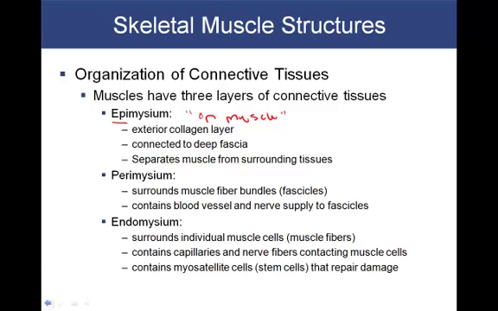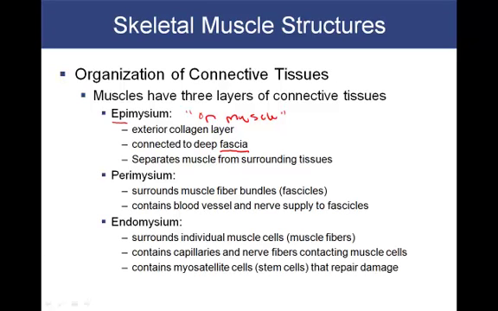It's largely composed of collagen. It's connected to the deep fascia. I know we haven't discussed fascia much, but that'll come a little bit later. And the epimysium helps to separate the muscle from any of the other internal organs or tissue types.